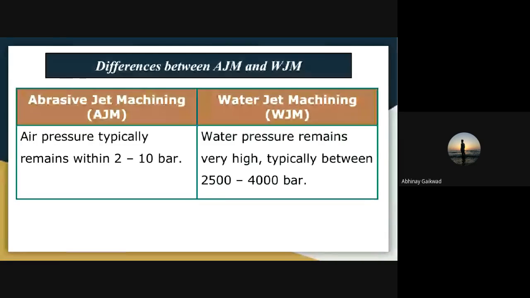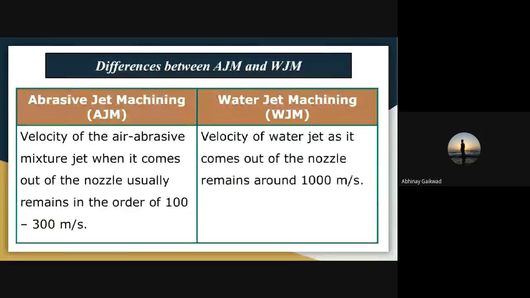Now next point about the water jet machining. Velocity of the air abrasive mixture jet when it comes out of the nozzle usually remains in the order of 100 to 300 meter per second. Already we have seen that.